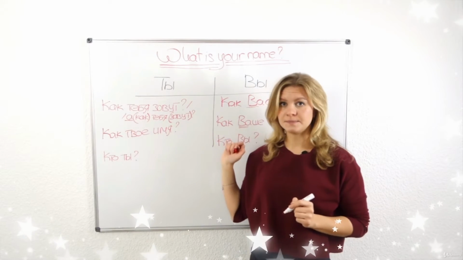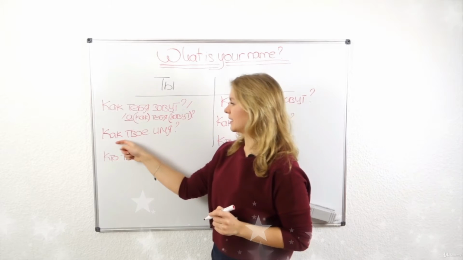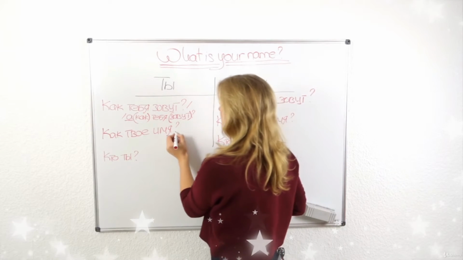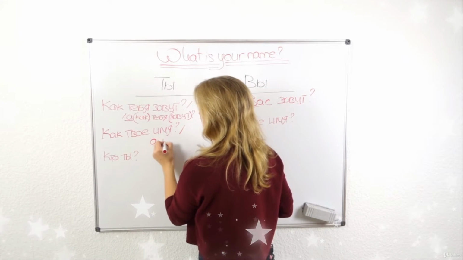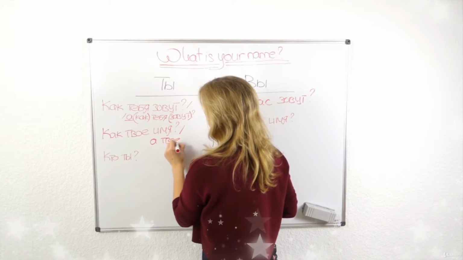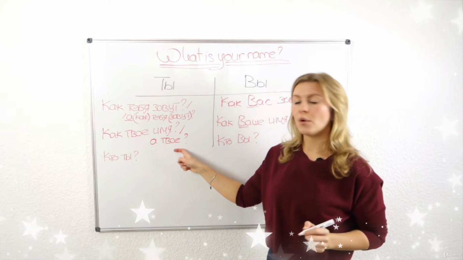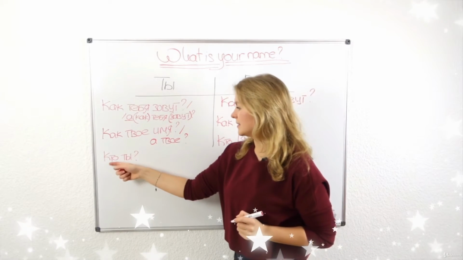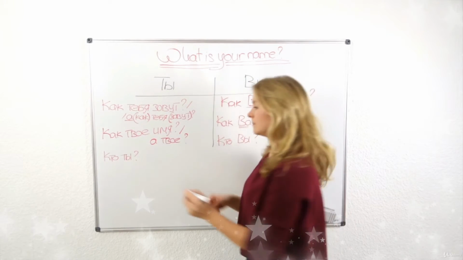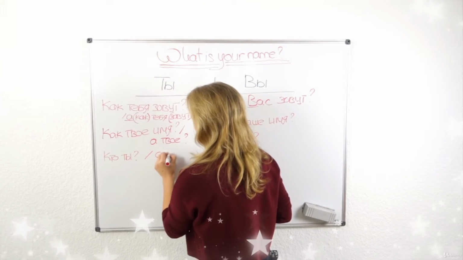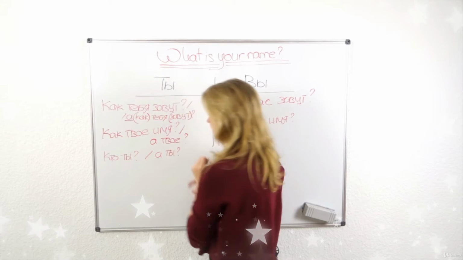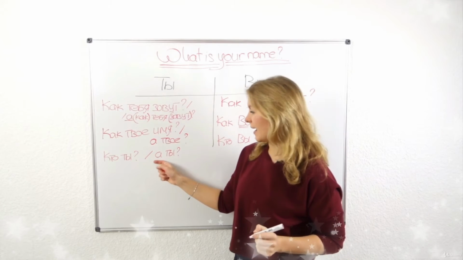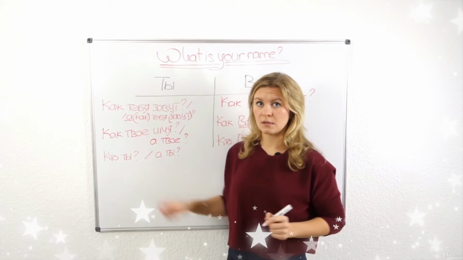А тебя? Or the same: как твое имя? And we will ask а твое? Or you can ask а как твое имя? The same here: кто ты? А ты? Or you can use а кто ты?